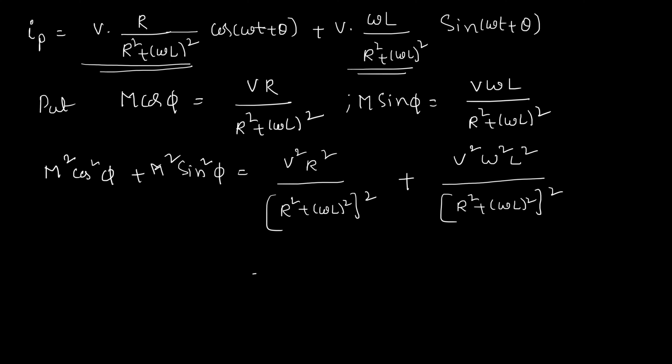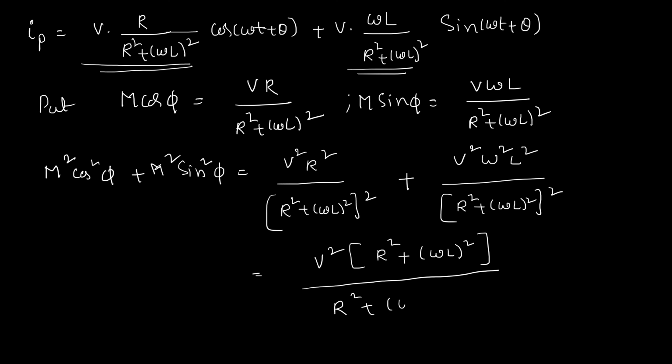So take the LCM. I'm directly writing: take V square out. So you get R square plus omega L whole square divided by the LCM, R square plus omega L whole square, whole square.